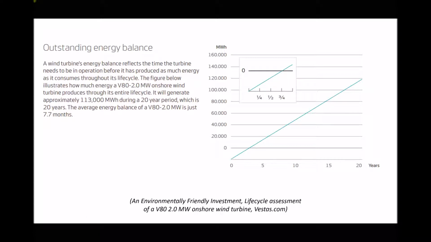Bearing in mind an onshore wind farm has a typical life cycle of 25 years, we've lost around 7 months worth of energy, paying back the energy used in its production. Now this break-even point would be different for different technologies, different sizes of wind turbines and so on. So it really is just to give you an indication of what this sort of information can tell us.